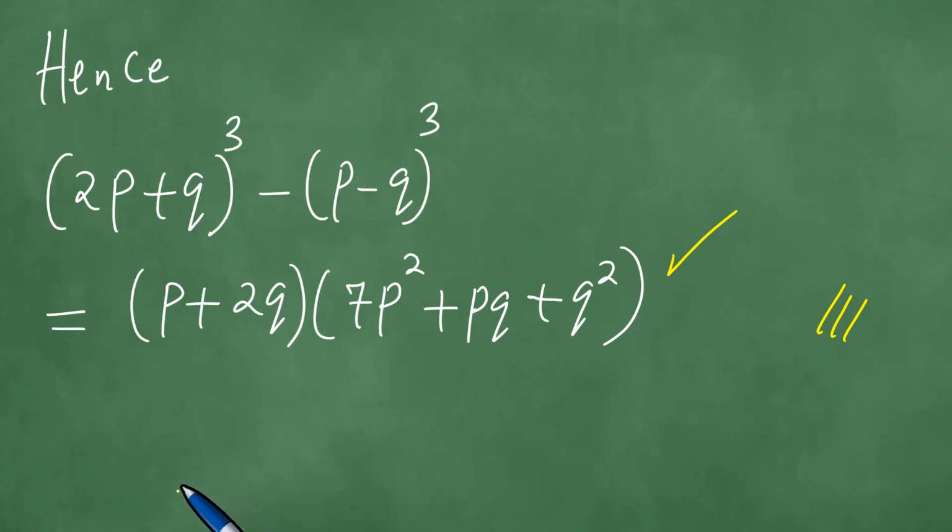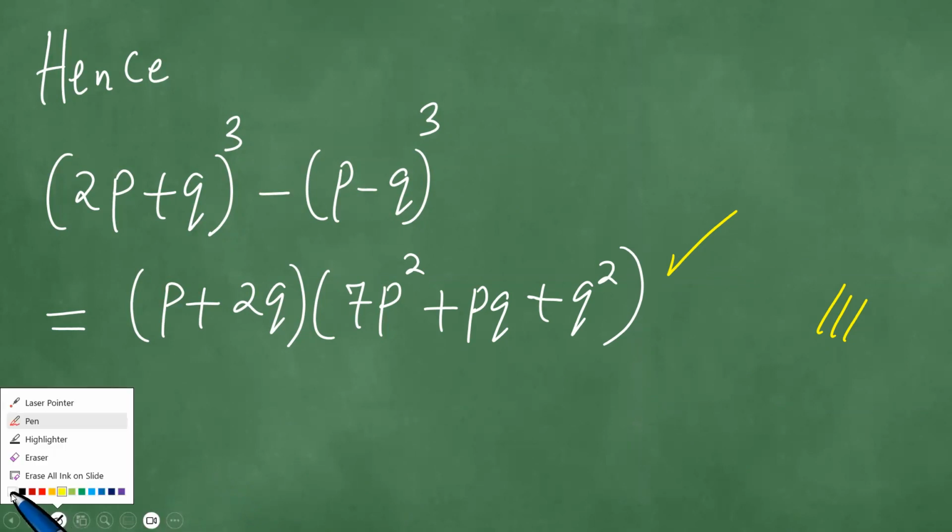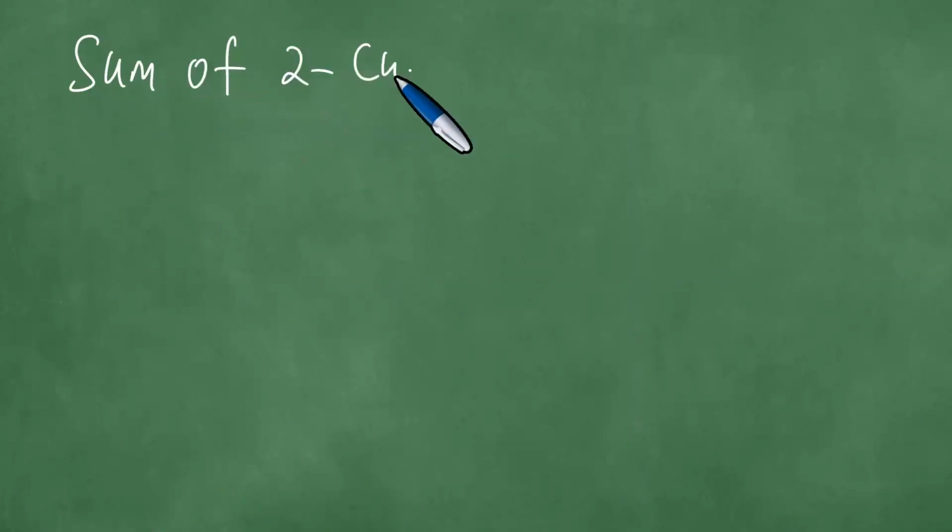But we got a comment on the sum of cubes as well. So we are able to factorize the sum of two cubes. How do we deal with this?